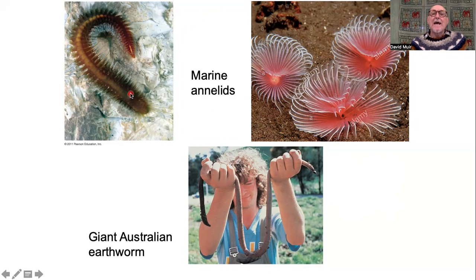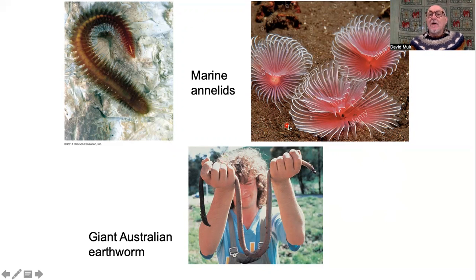And these have actual hairs in them, stiff hairs, which can be put into the substrate and used to move through the substrate. That's where they get their name from, the polychaetes. In other cases, these parapodia are modified to allow the worm to actually swim.